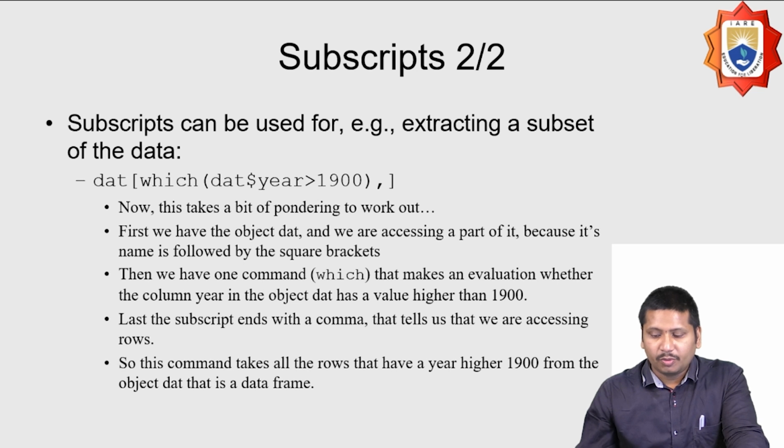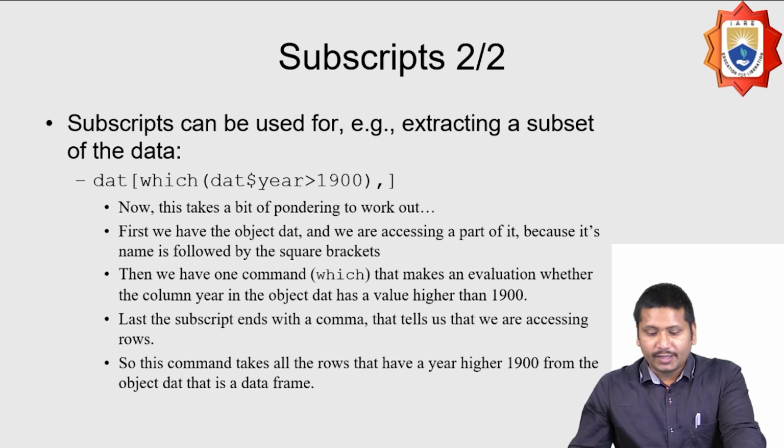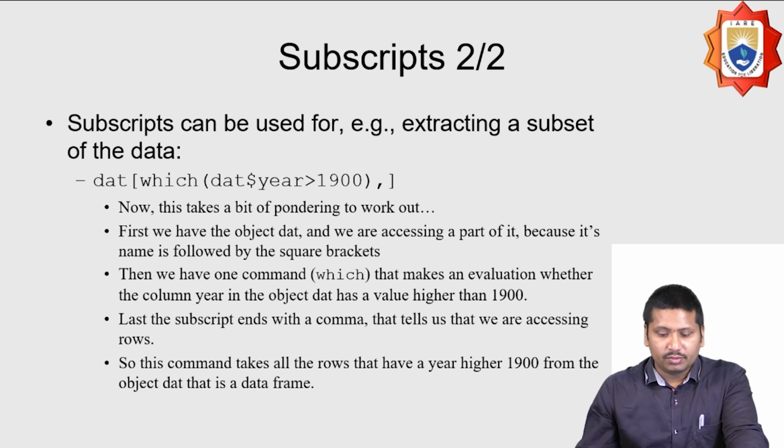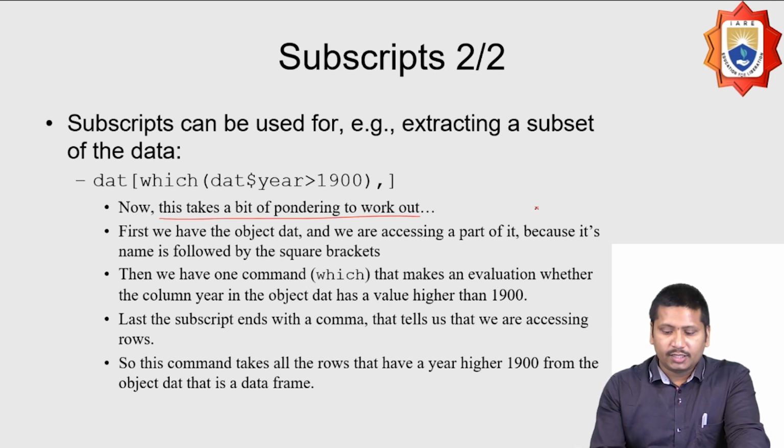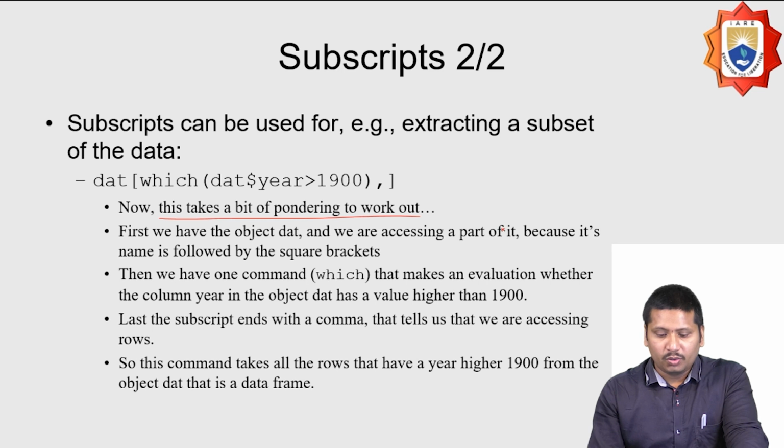Sometimes subscripts can also be used for extracting a subset of data, so data of which dollar. Now, this takes a bit of pondering to work out. First, we have the object data, and we're accessing part of it because it is named followed by the square brackets.